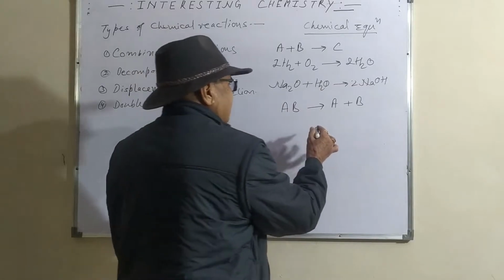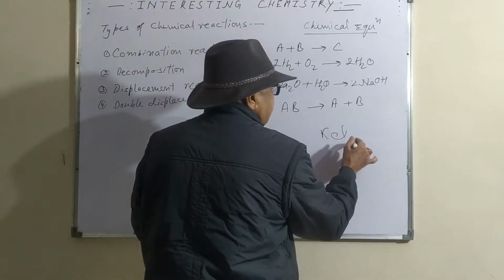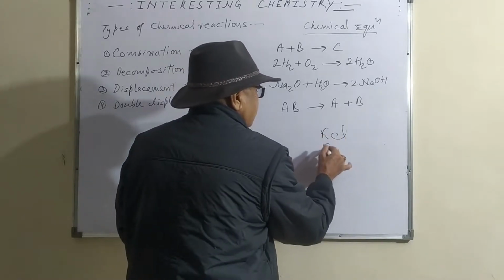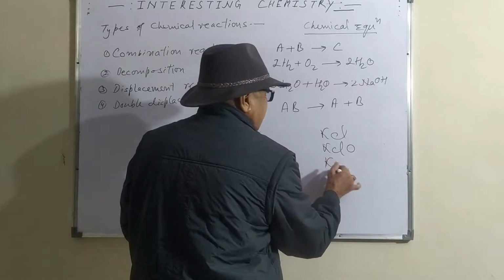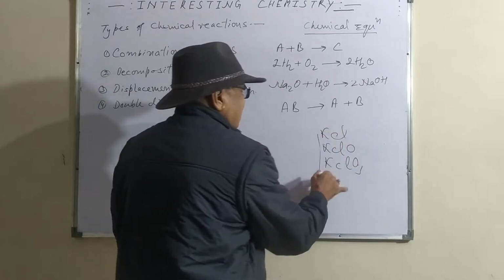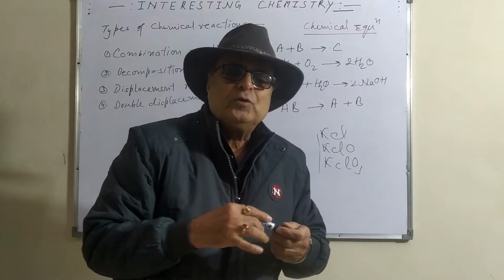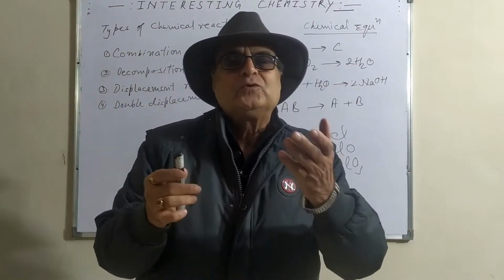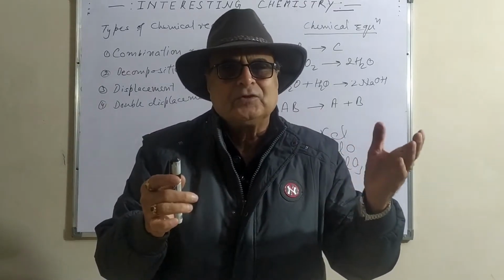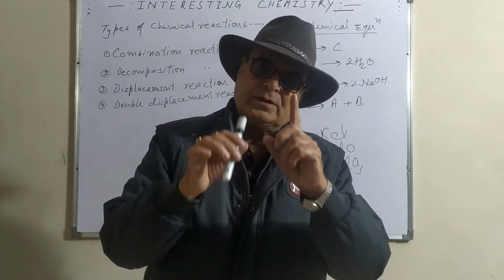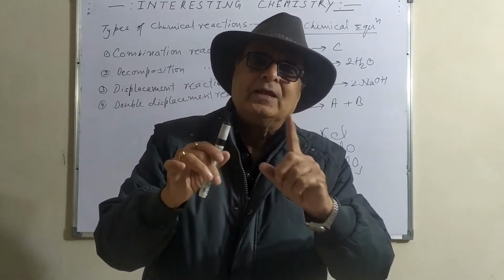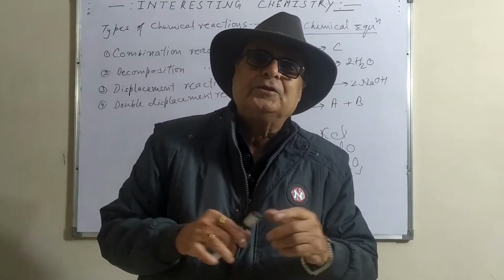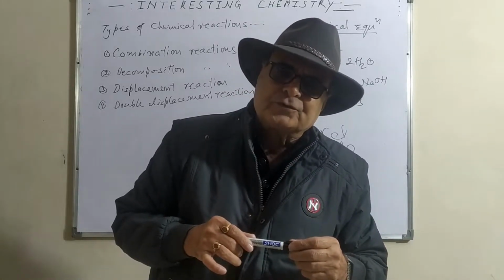One student writes one way, someone else writes another way, and some write another. If you are confused about writing the formula, you are not able to write the chemical equation. So first of all, you should learn very well how to write the formulae of chemical compounds.